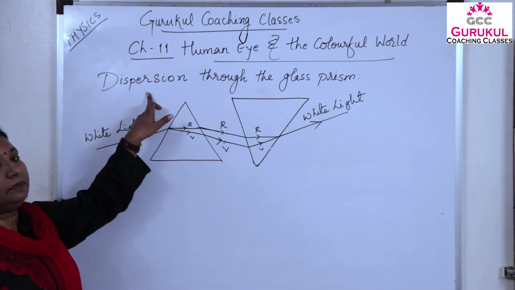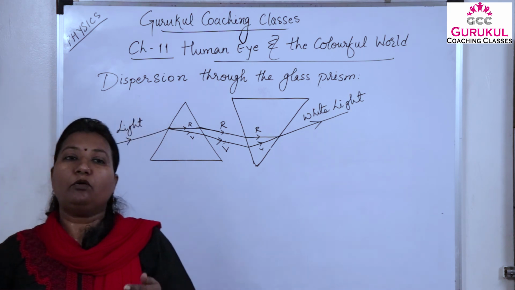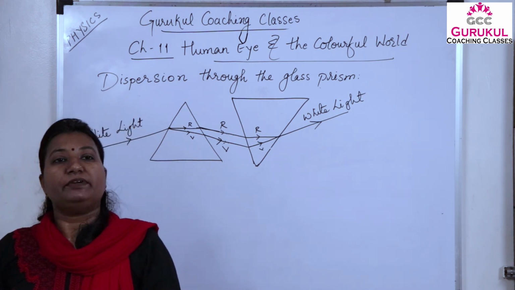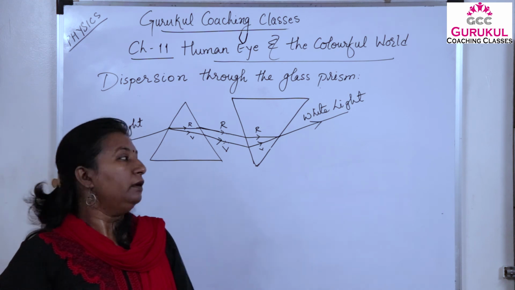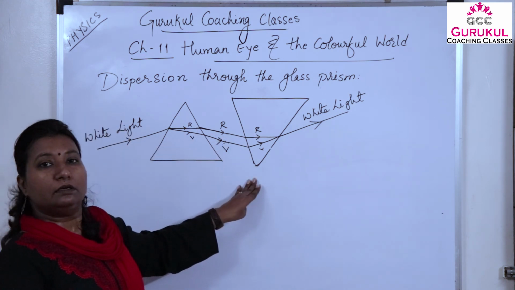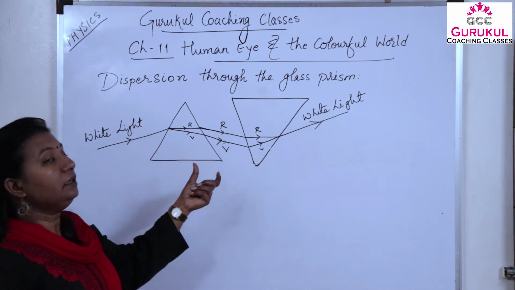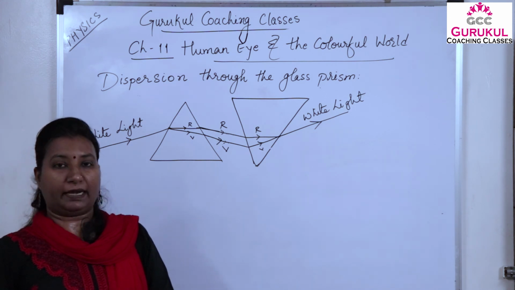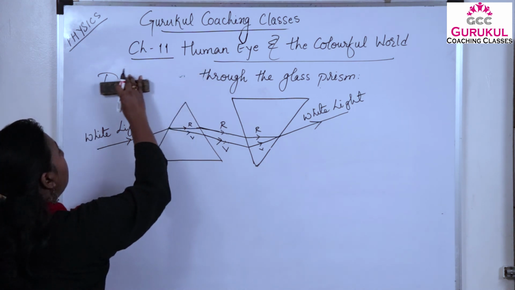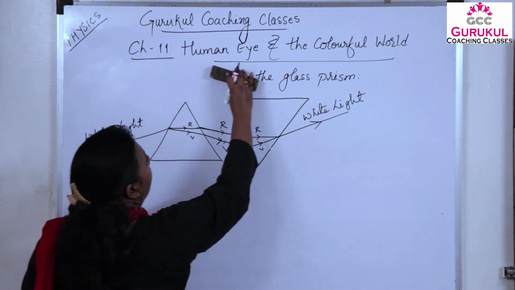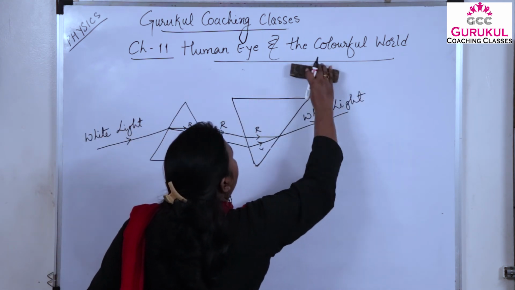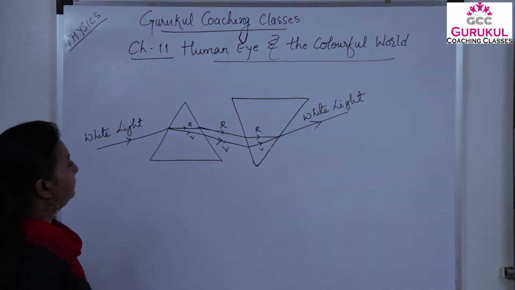So dispersion means splitting of white light into its 7 constituent colors. When we put another glass prism, we are recombining the spectrum. So it is known as recombination of the spectrum through the glass prism, right?